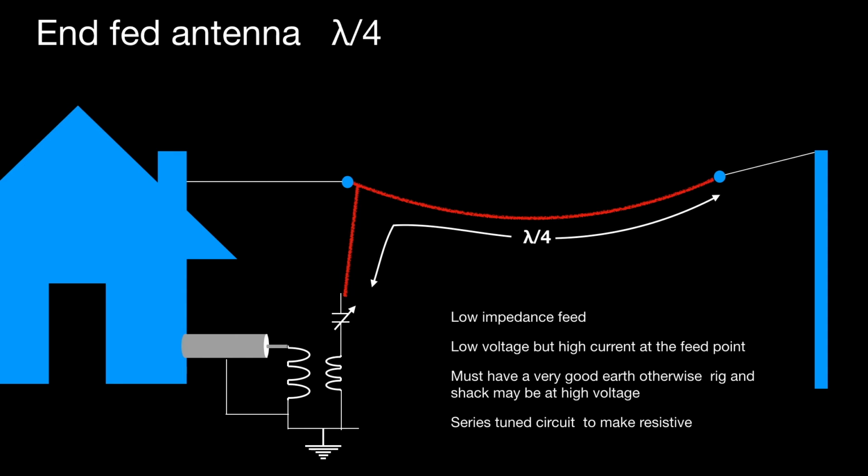So that would not be desirable. So you need to have a very, very good earth, very short and direct, if you're going to employ this sort of setup. So once again, probably a ground floor only shack if you're going to use a lambda by 4.